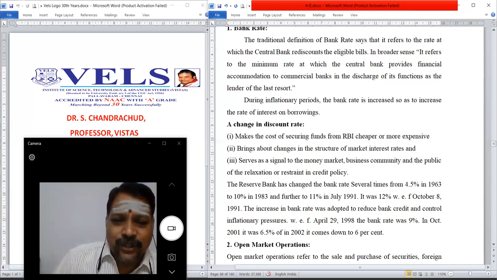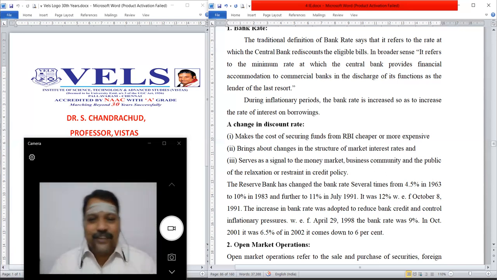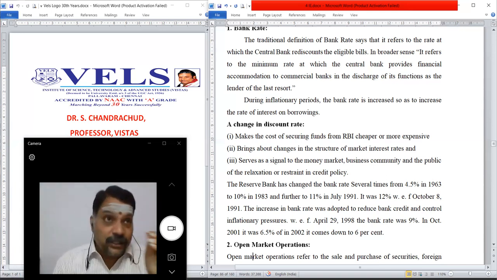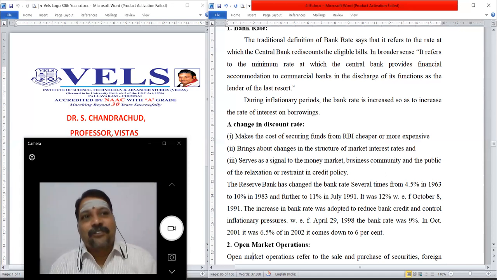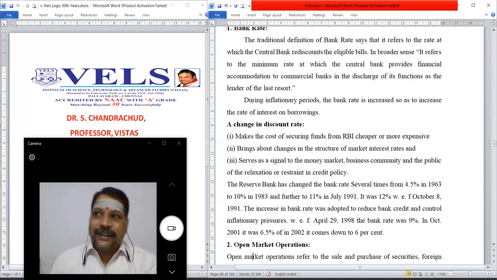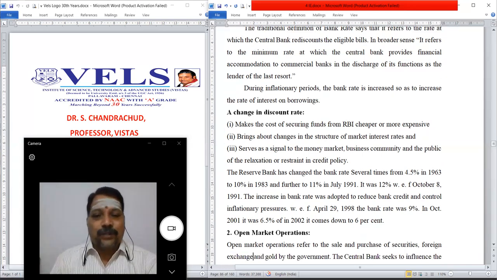With effect from 29th April 1999, the bank rate is 9%, and in October 2001 it was 6.5%. In 2002 it came down to 6%. So there is a lot of variation in the discount rate. Why? Because in order to control the inflationary pressure, you also have to provide the required money supply. So bank rate is one of the main tools to control the credit.